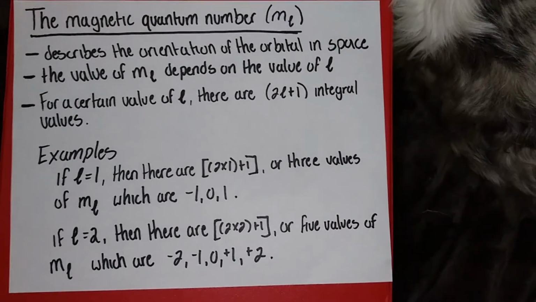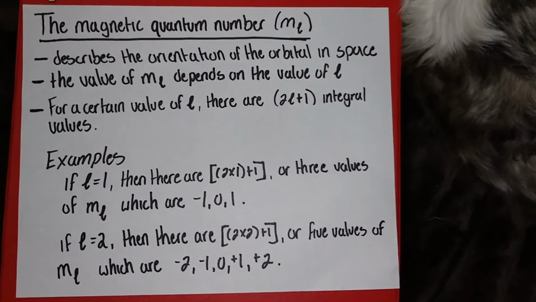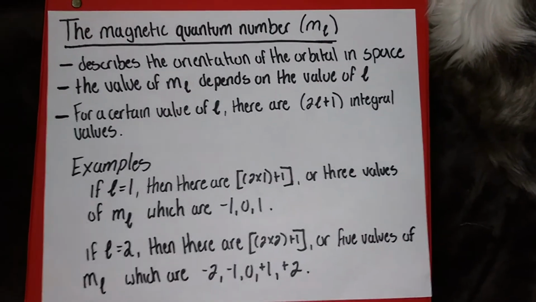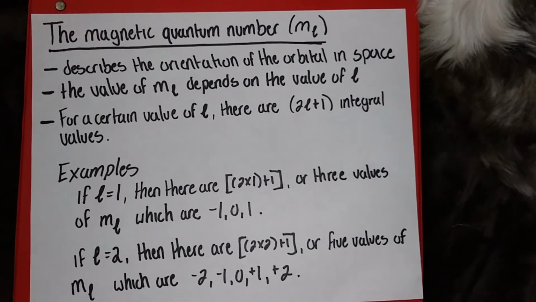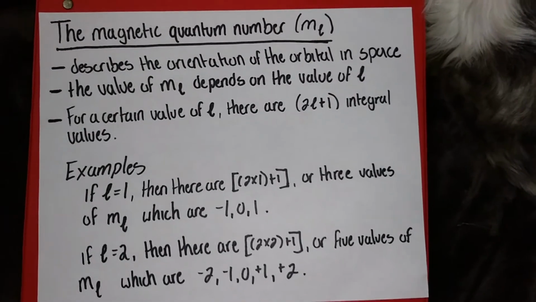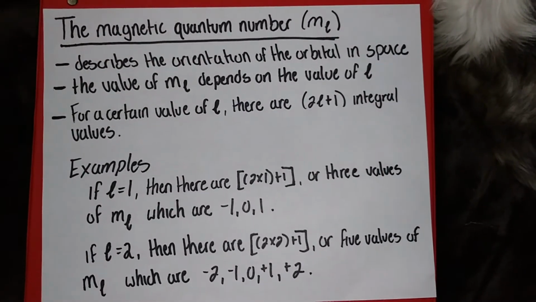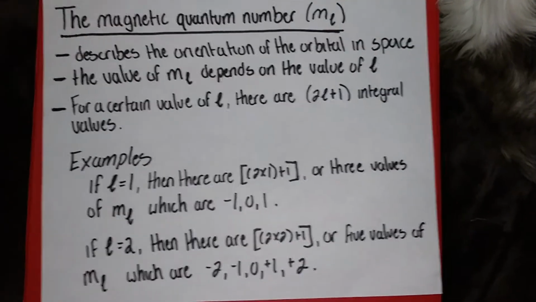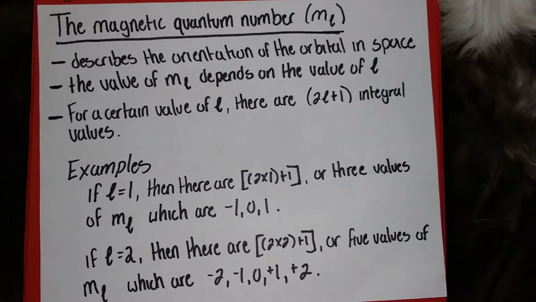And lastly is the magnetic quantum number, which is represented by ml. The magnetic quantum number describes the orientation of the orbital in space. The value of ml depends on the value of l, just like the value of l depends on the value of n.